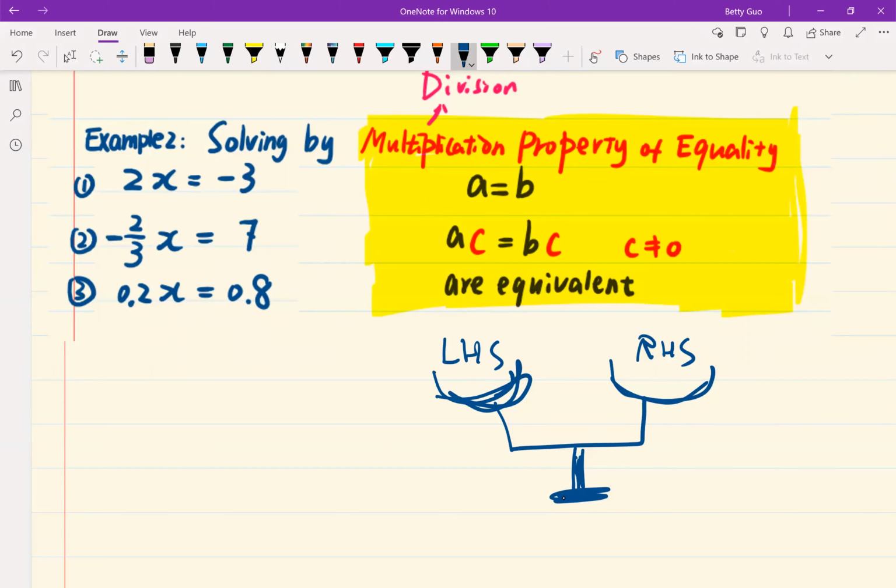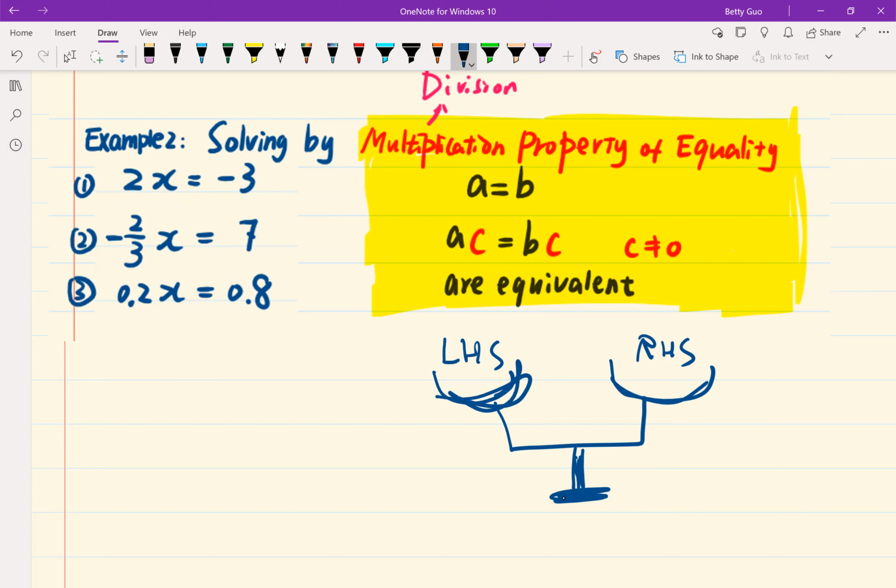So here we have left hand side, right hand side. If I apply the same treatment, meaning multiply by the same non-zero number or divide both sides by the same non-zero number. We don't count 0, okay? If we multiply by 0, everything would become 0. That doesn't work.